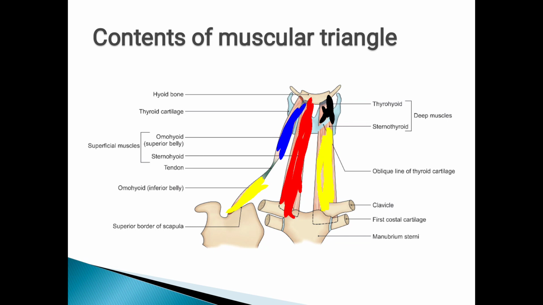Okay, so today in this video I have discussed the boundaries of the anterior triangle and the muscular triangle. I hope that as I am finishing my video, the idea must have become clear in your mind about the boundaries.